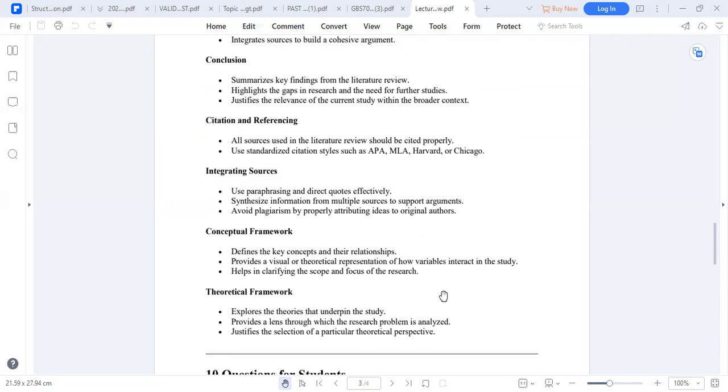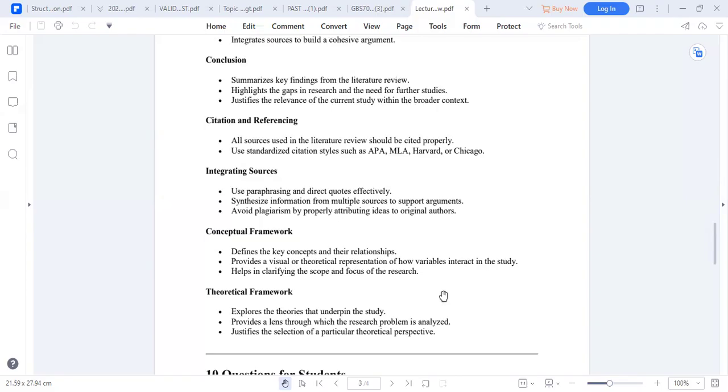When you're citing more than three individuals, John, Mary, April, Matthew, you can say John et al., meaning and others. So you need to also learn how to do those citations. Avoid plagiarizing work by properly attributing the ideas to the original authors.